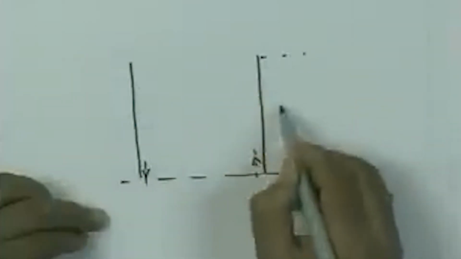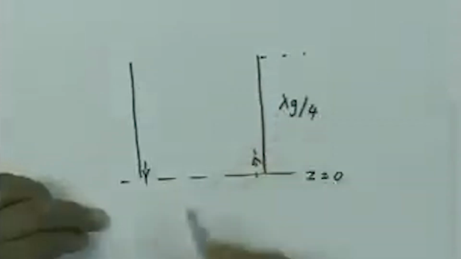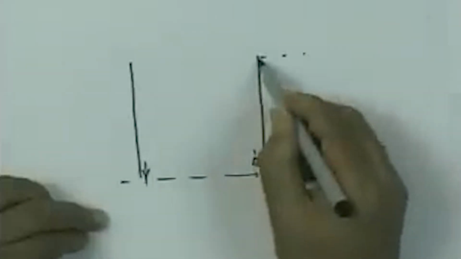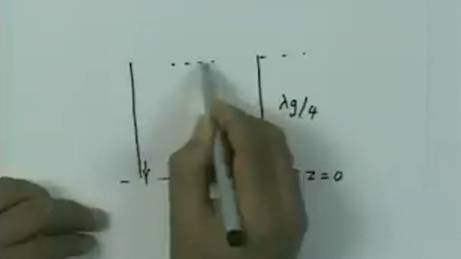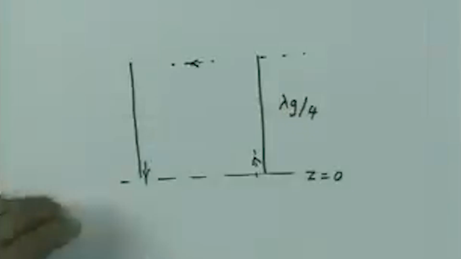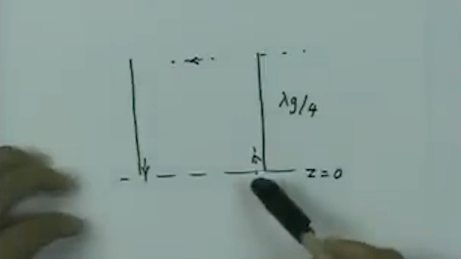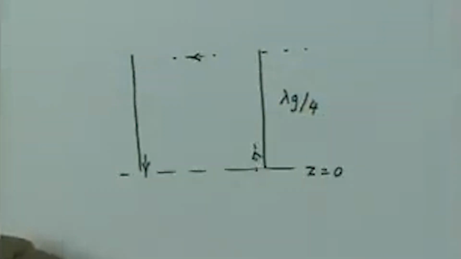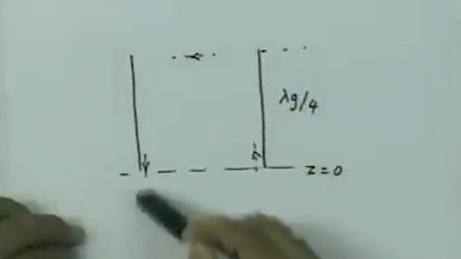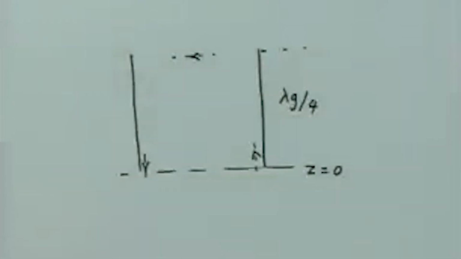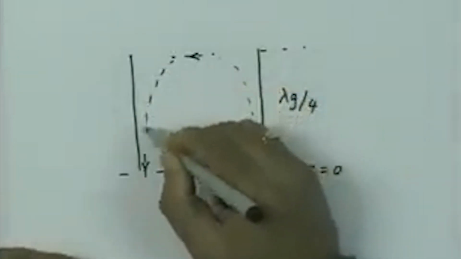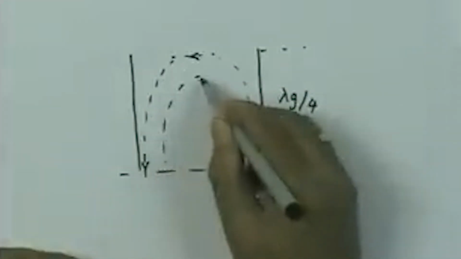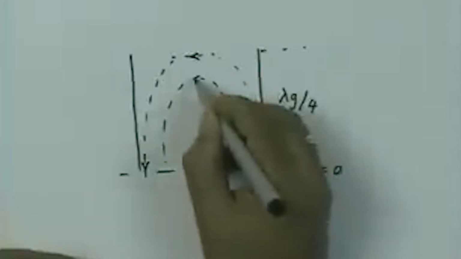When I go to a distance of lambda g by 4, this thing has gone to 0 and Hx has become maximum, but so that is oriented in this direction. Now, it is a matter of little imagination. Since we know that the magnetic field lines close on themselves, essentially we have a magnetic field loop which is created like this. So, we got the magnetic field lines which will go like that. Like this.